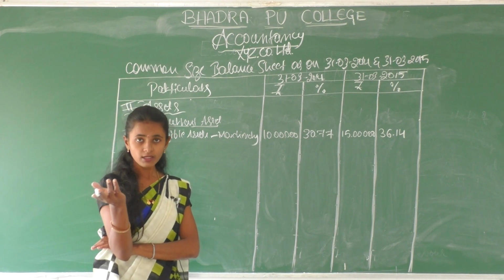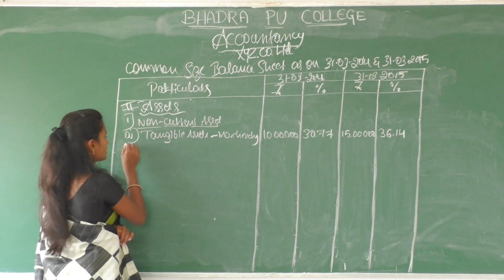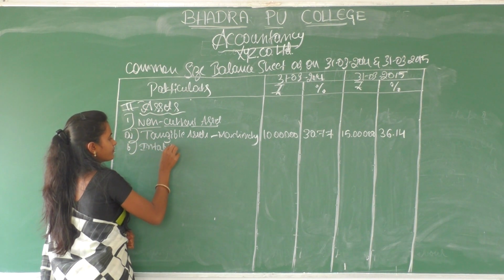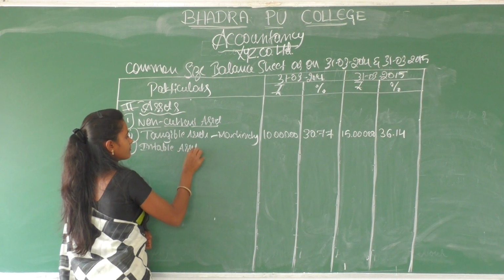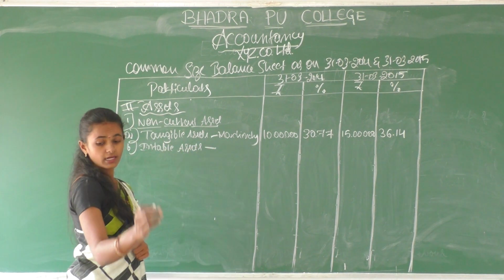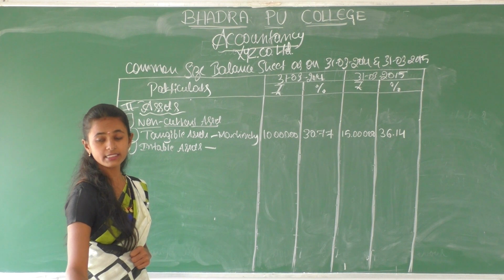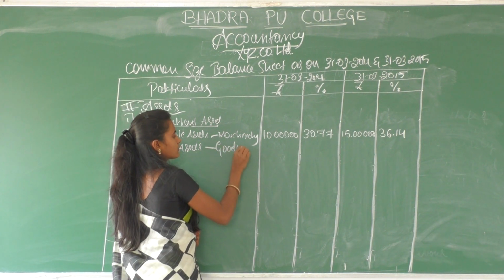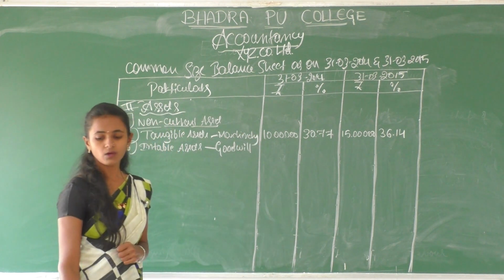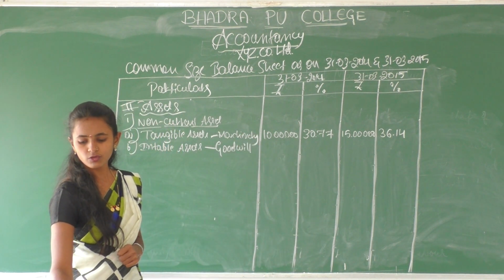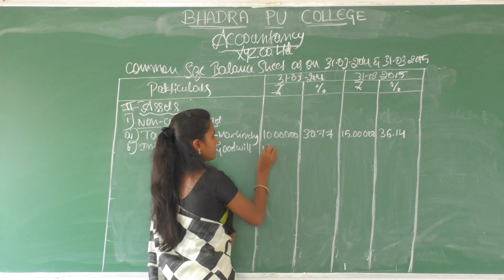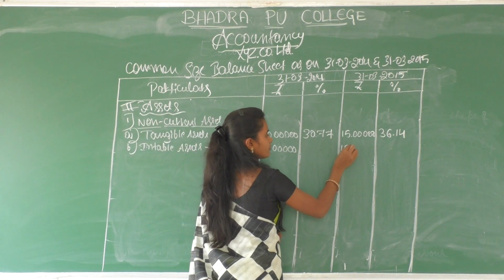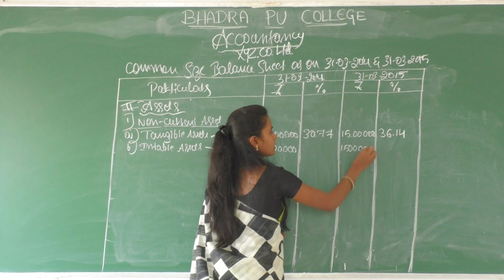In the question they have given the second item, which is intangible assets. So I am writing B, intangible assets. Under that the intangible asset is goodwill. In case of 2014 again it's 10 lakh, and in case of 2015 again it's 15 lakh.